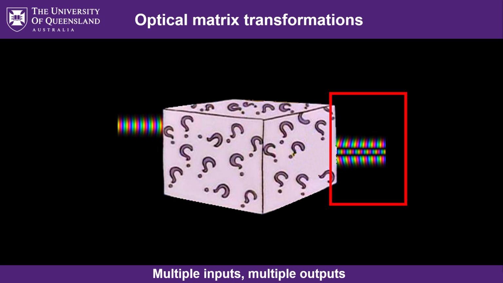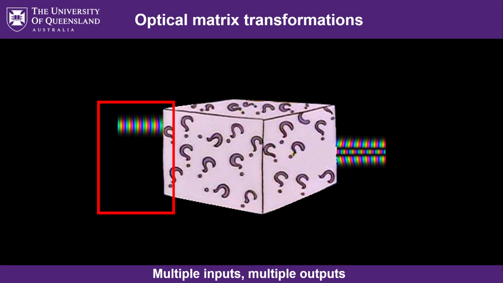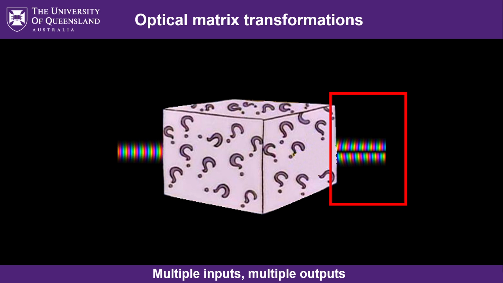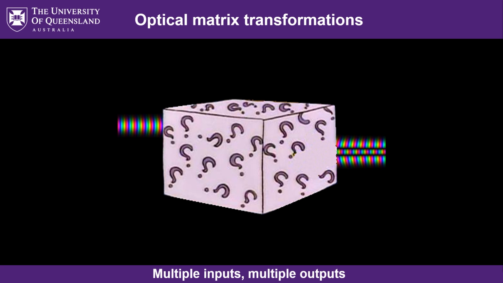In the animation here, we've got three spatially separated beams coming in on the left, and then each one of those beams gets transformed into its own HG mode on the right. And remember, if the input modes are orthogonal on the input side, they'll have to be orthogonal on the output side as well if we're lossless.